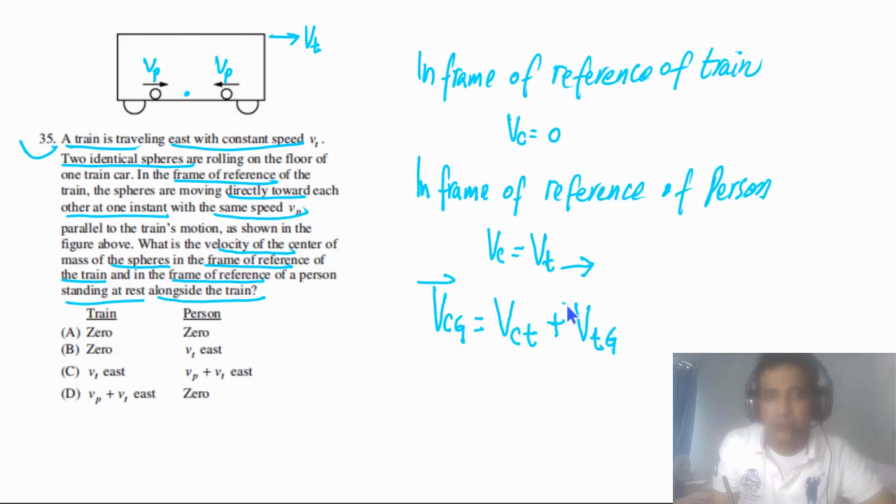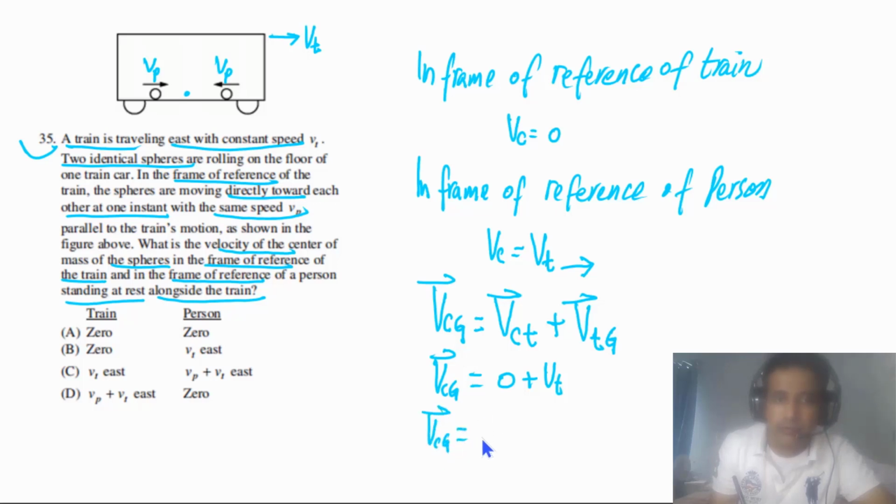In this case, the velocity of the center of mass with respect to the train is equal to 0, and the velocity of the train with respect to the ground is equal to Vt. So the velocity of the center of mass with respect to the ground is simply equal to Vt.